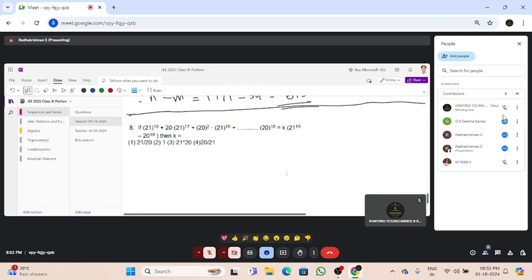Because 1, 20, 20 square, etc. seems as GP, and that is also GP. One increasing, the other decreasing. 21 to the power of 18 becomes 21 to the power of 17, so it reduces.